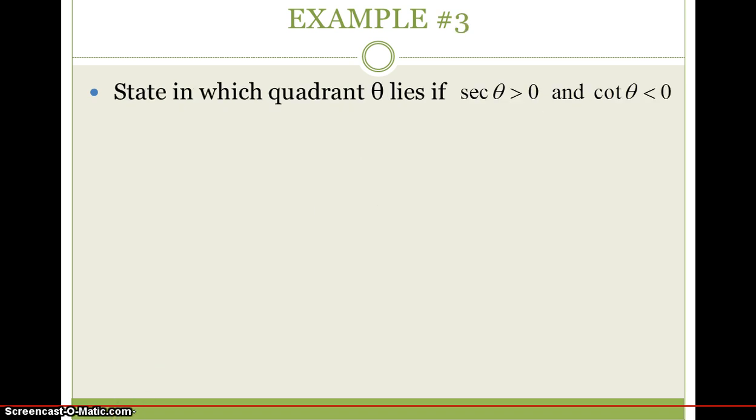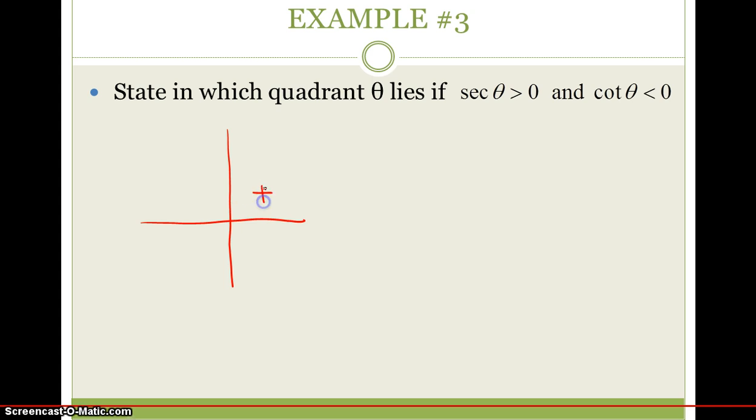Let's look at the last example. Oh, not the last example for today, but second to last. What we want to do is state which quadrant theta lies in if secant of theta is greater than 0 and the cotangent of theta is less than 0. So here, we have to remember where our signs are positive and negative.